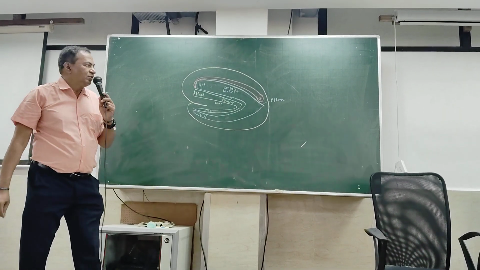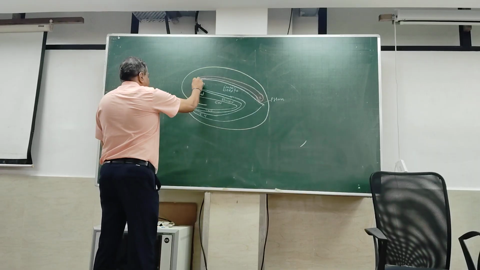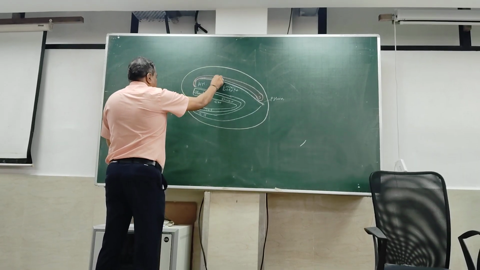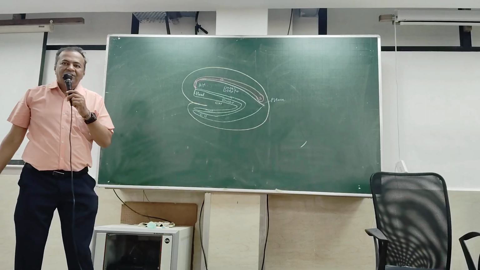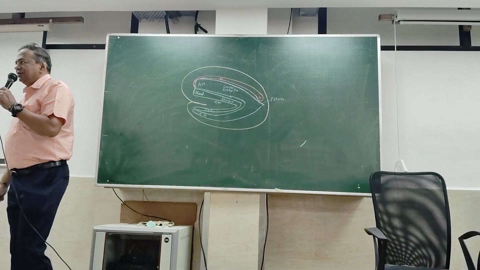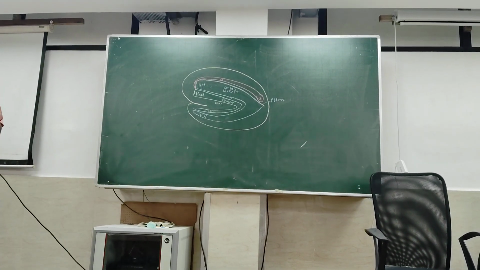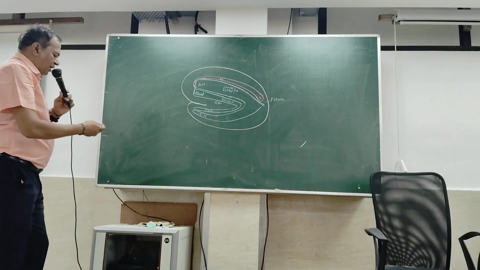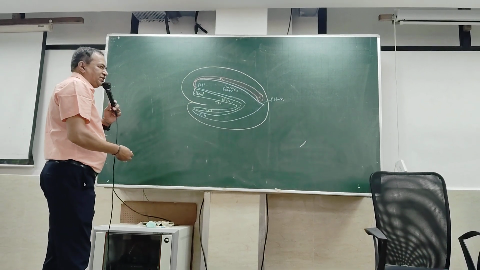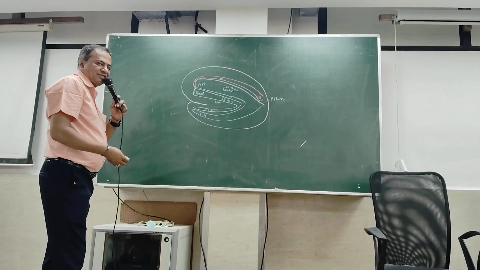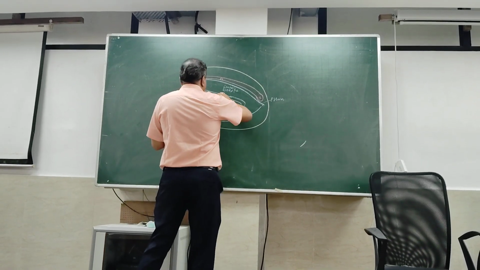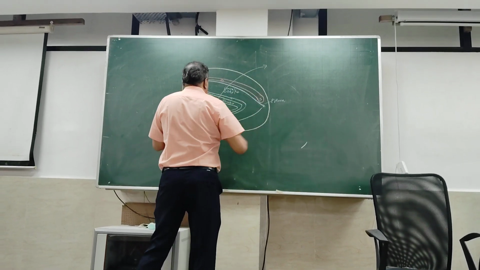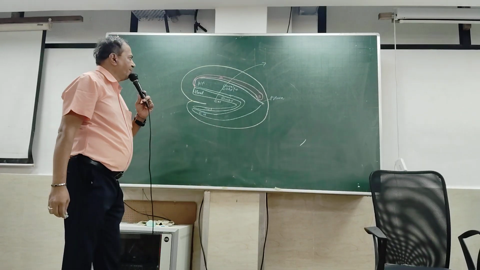Corpus callosum. Rostrum, body, anterior commissure, splenium. Okay? Corpus callosum. Now let us take sections at all these levels. Section at the level of the body.